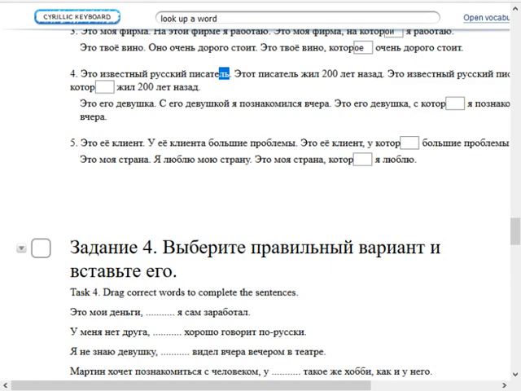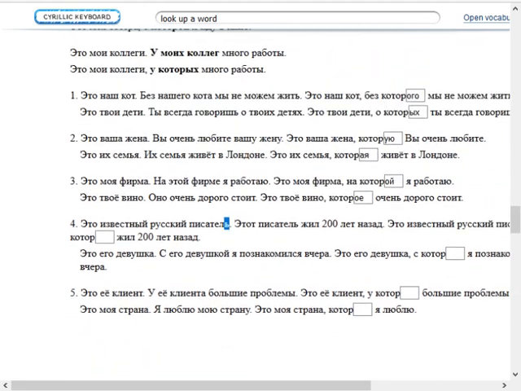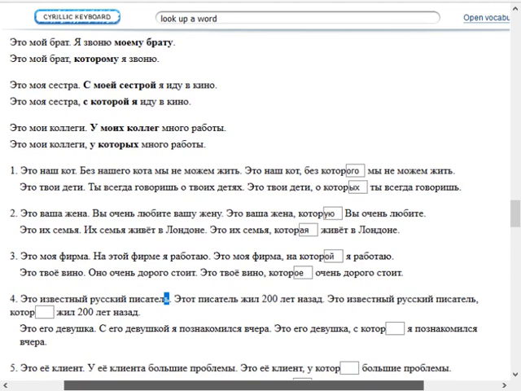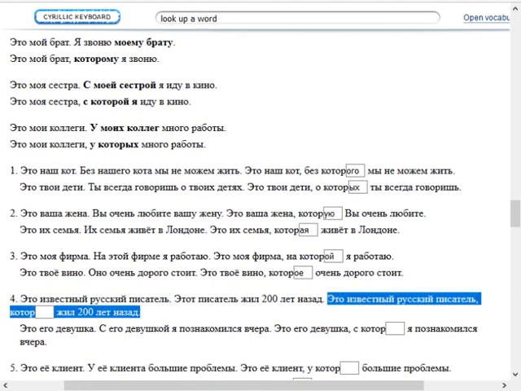Wasn't this a special case if a word ends in the soft sign like that? Let's assume that this word is masculine, although I'm not sure if that is the case. I'm pretty sure the case here is nominative, yeah, because it's saying this is the writer which lived 200 years ago.